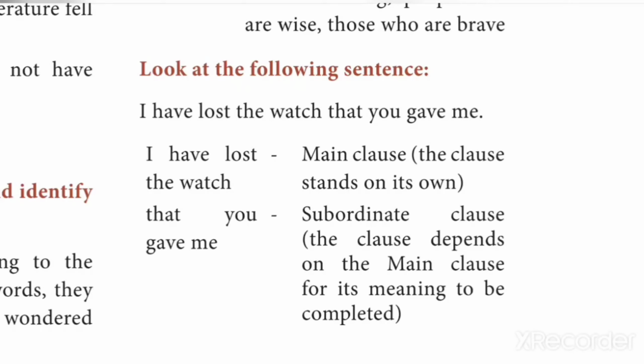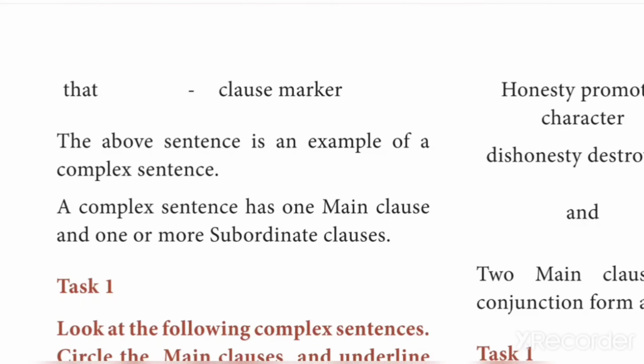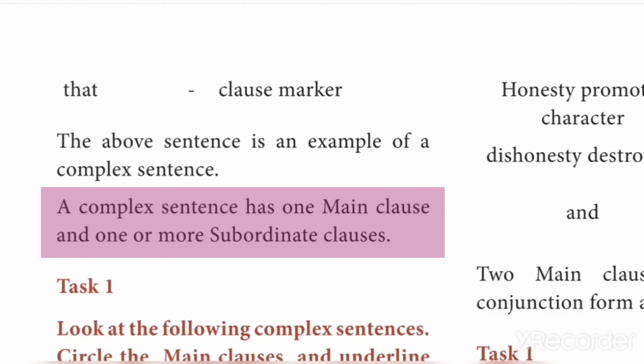Whereas, that you gave me is called subordinate clause. That means the clause depends on the main clause for its meaning to be completed. And the word that here is called clause marker. The above sentence is an example of a complex sentence. A complex sentence has one main clause and one or more subordinate clauses.